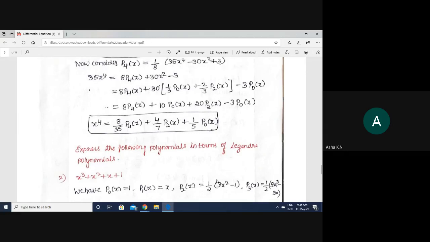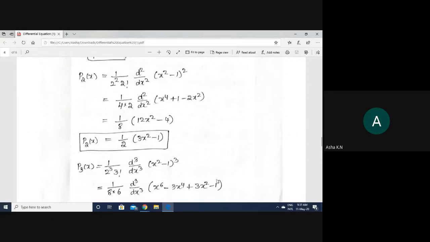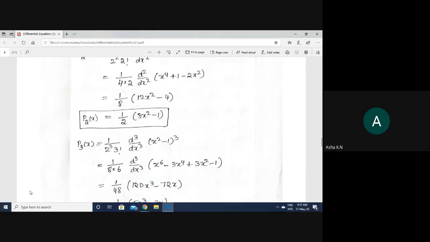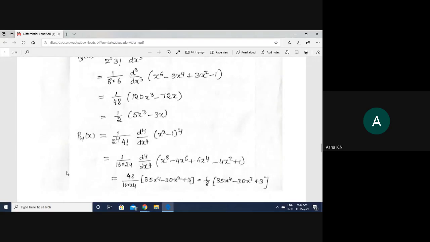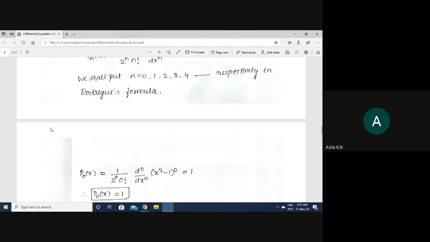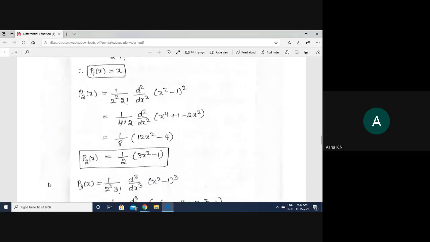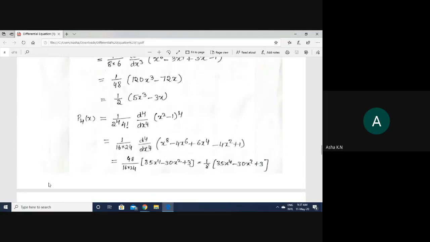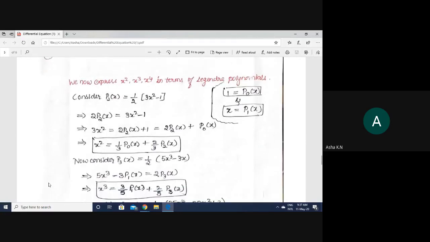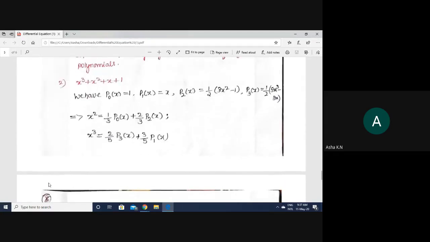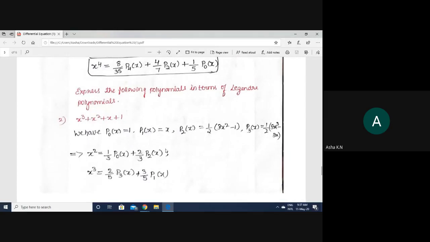you can see that this is the expression for P3 of x, and this is the expression for P4 of x. If it is tough to remember 4-5 expressions like this, then for every problem you have to start with Rodrigue's formula and substitute 0, 1, 2, etc. But if you can remember P0, P1 and so on, don't directly write what x square and x cube are.